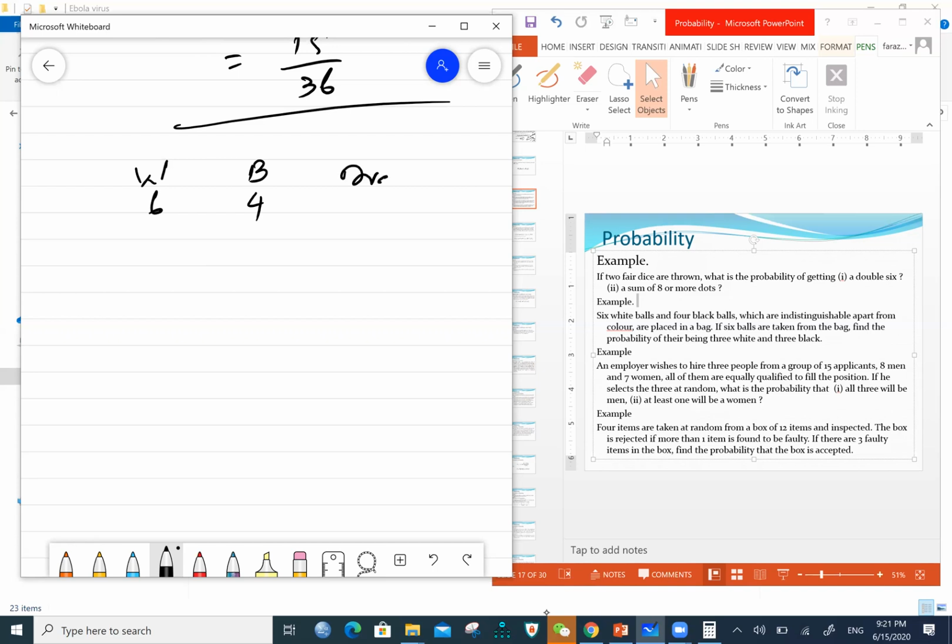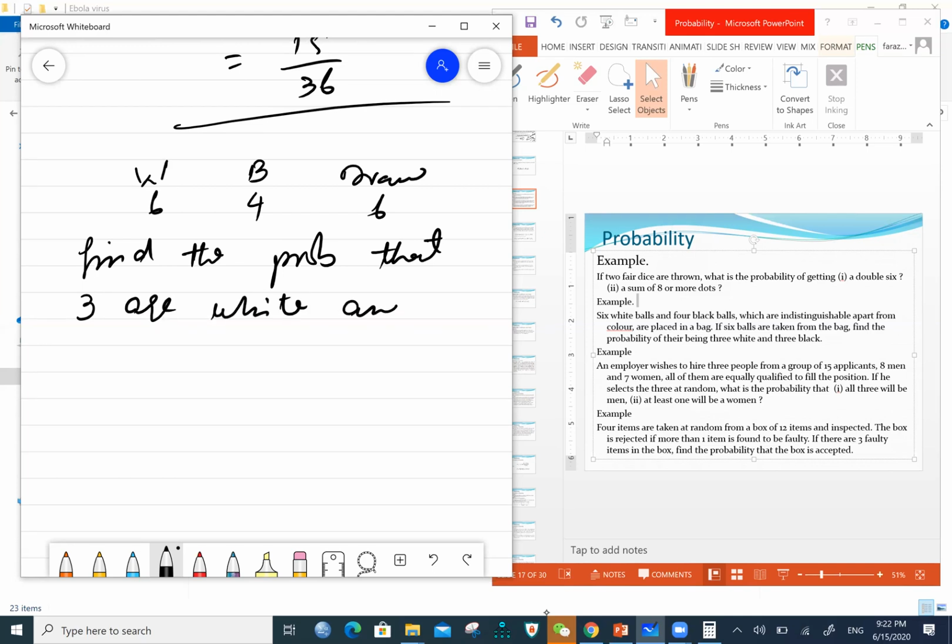We want to draw 6 balls. Find the probability that 3 are white and 3 are black. Understand?